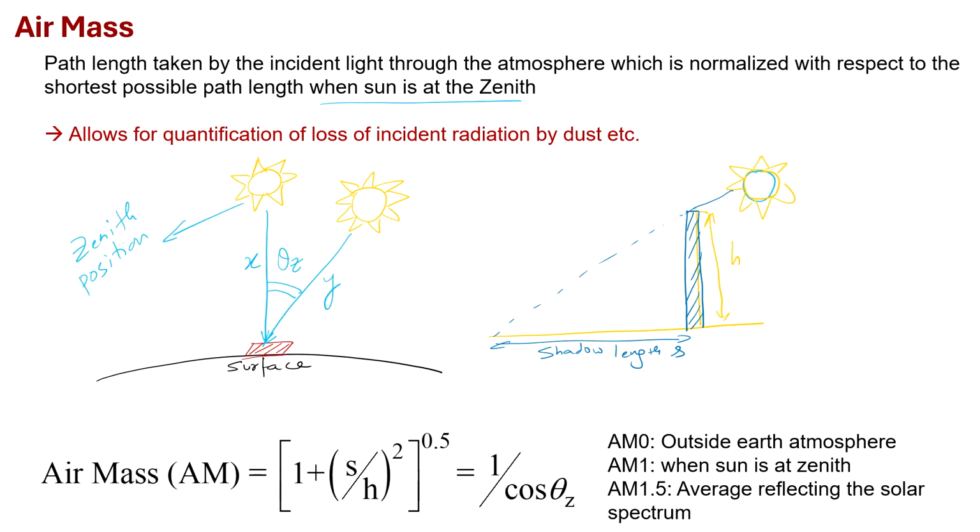So, this air mass index is a very important measure of how we quantify the effect of losses on solar radiation. There are multiple ways of analyzing this, we call it AM in general.